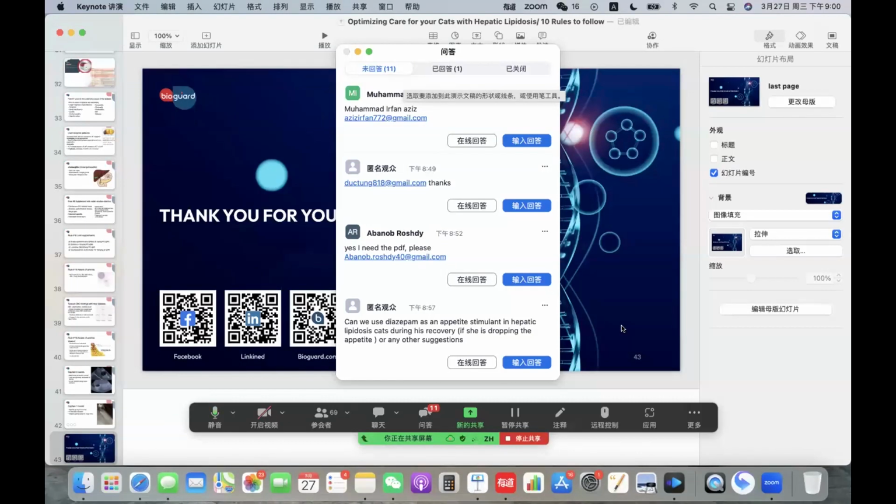As an appetite stimulant, more commonly I will still use mirtazapine. And if you cannot find mirtazapine, I would say cyproheptadine would be the other choice, or Serenia.